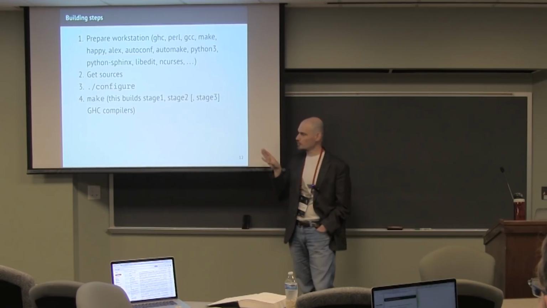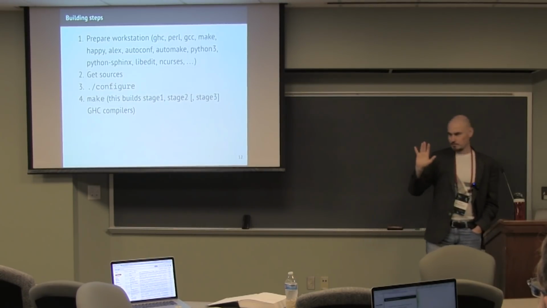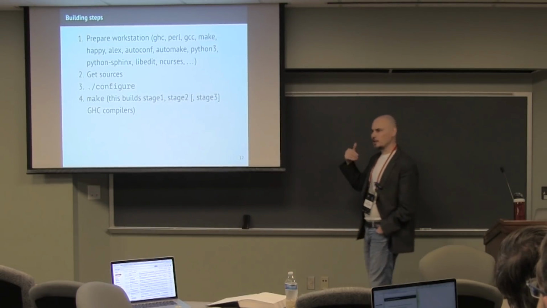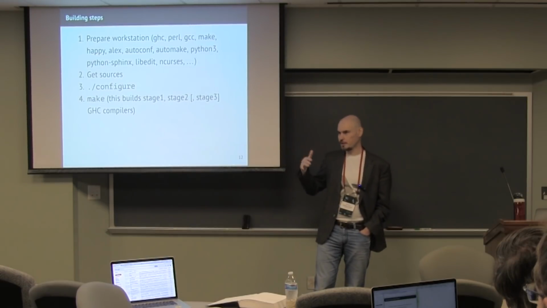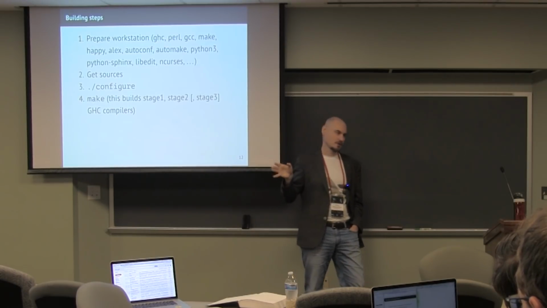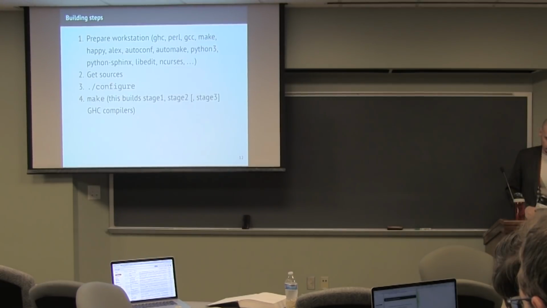But normally you stop at stage 2. And then you have a GHC compiler in your system. In general, it takes more than an hour. Of course, depending on your system, but 2 hours or 2 and a half hours for most laptops is quite a usual time for that.